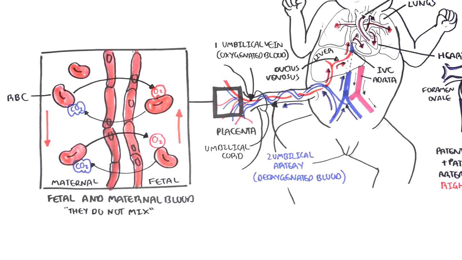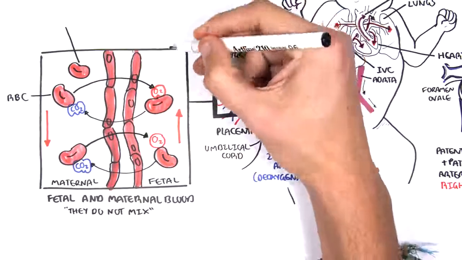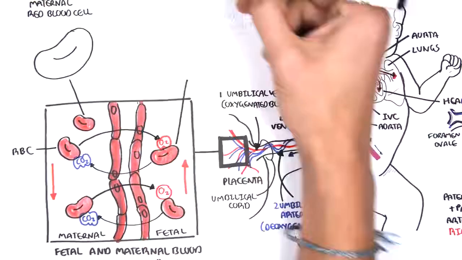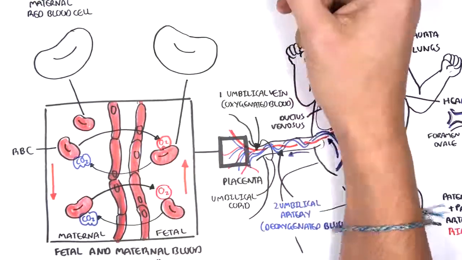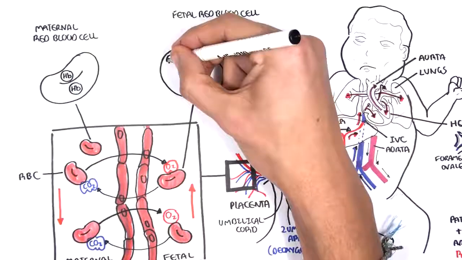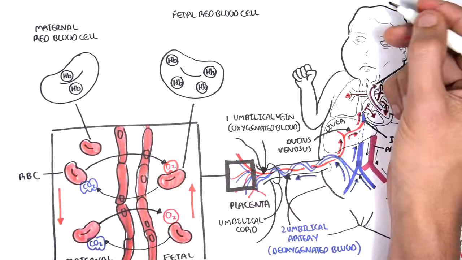But how is this possible? Why is the mom giving oxygen to the fetus? Well, it's because the maternal red blood cell and the fetal red blood cell are actually very different. You see, the maternal red blood cell, like the fetal red blood cell, contains hemoglobin molecules, the molecules that actually carry the oxygen.